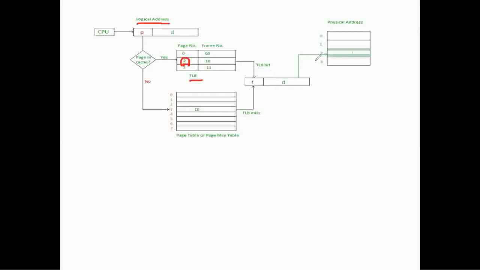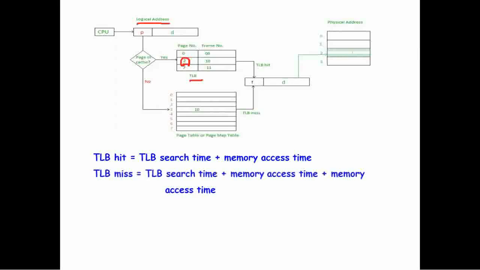So, the formula for computing TLB hit is equal to TLB search time plus memory access time. TLB miss is equal to TLB search time plus memory access time plus memory access time.